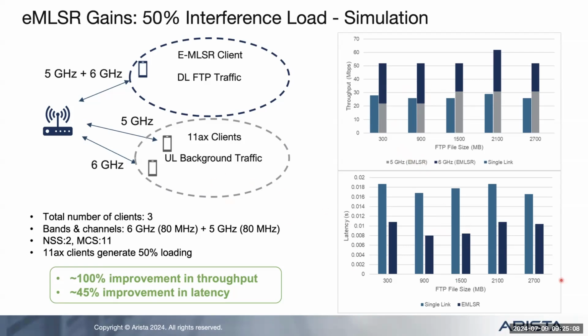Those were the key takeaways here. And from the Wi-Fi 7 client perspective, the significant benefit of EMLSR is that it maintains high performance even under the 50% interference load generated by the Wi-Fi 6 clients.